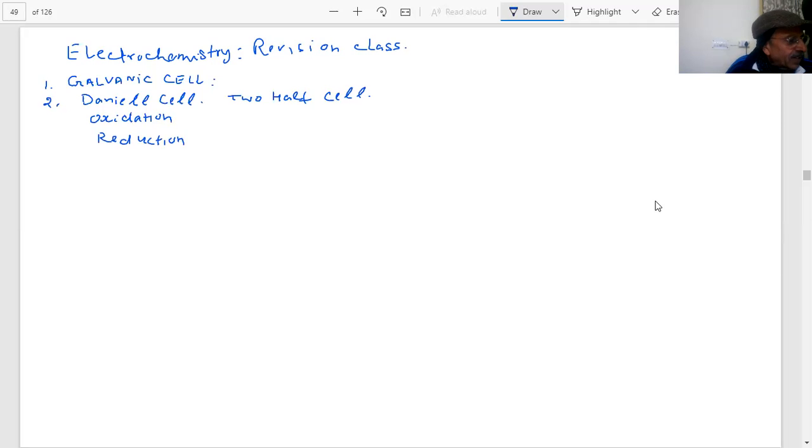So what were the reactions which were taking place in the Daniel cell, students, where the oxidation takes place? Zinc and zinc sulfate solution and copper sulfate solution, the two are joined together by a salt bridge, student. So what are the reactions at anode and cathode?